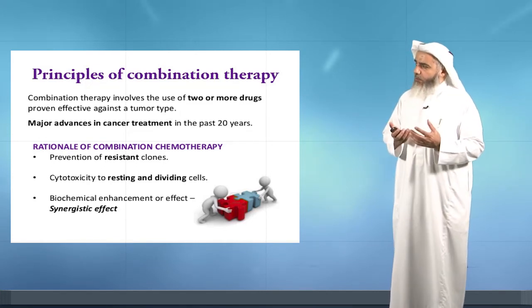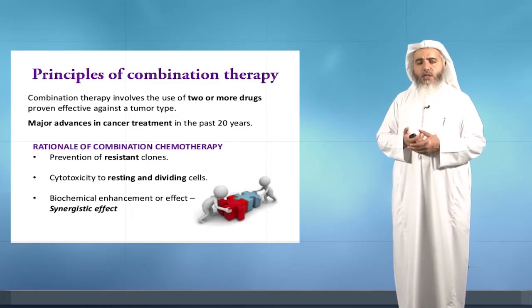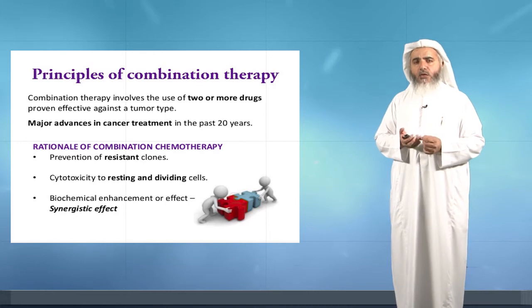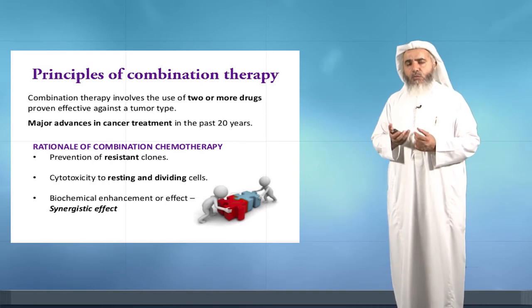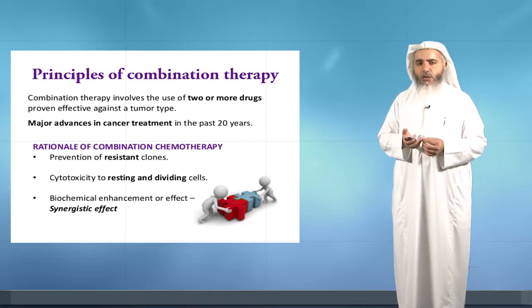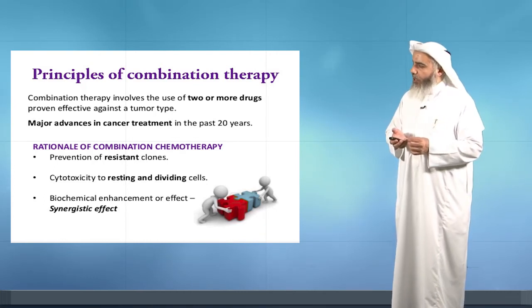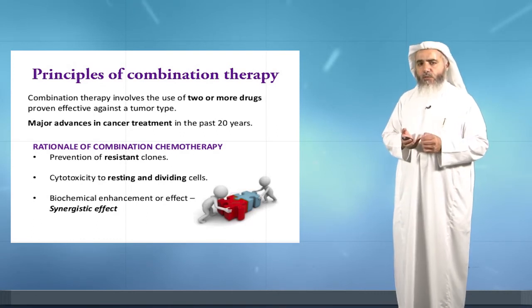This resistance may be present at the beginning of the treatment, where certain clones of cancer cells are resistant, usually the hypoxic cells, which are very resistant to chemotherapy. Maybe the chemotherapy did not reach them, or there is some sort of pump problem within the cells that causes them to resist the chemotherapy.